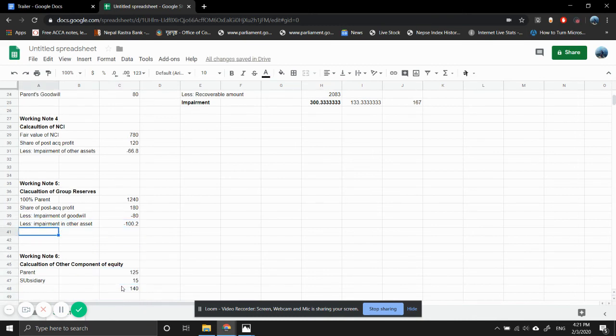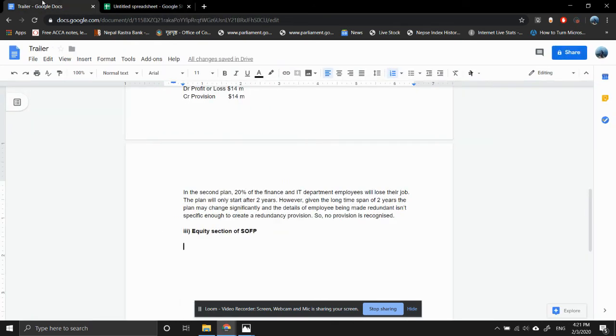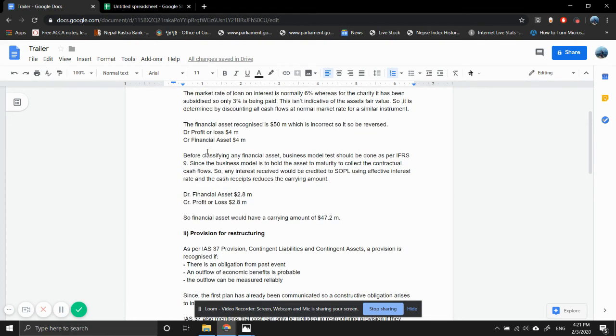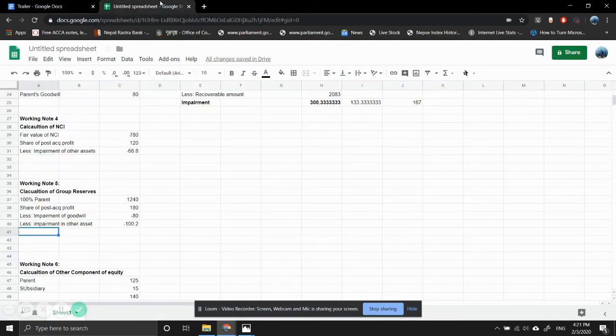And then what we need to be careful about is, let's move it a bit below, what are the adjustments that we made earlier. So all this adjustment needs to be allocated. Okay, the financial asset recognized is 50 million, which is incorrect, right? So what did we do? We need to reduce group reserves, right?